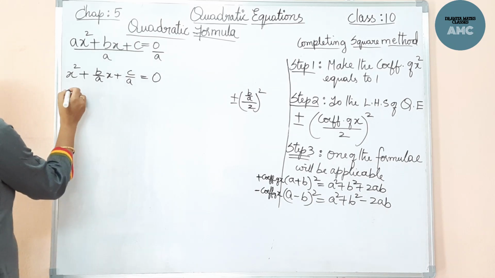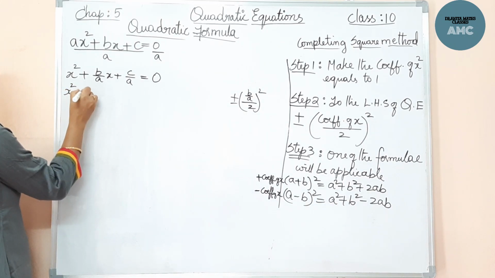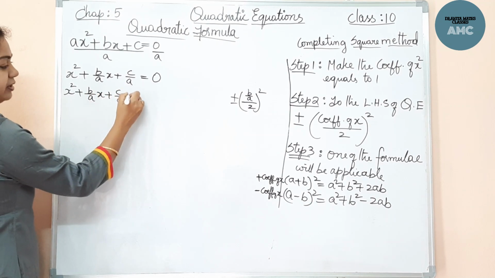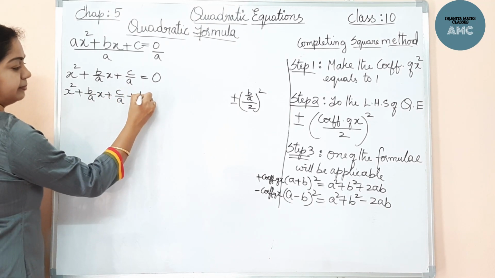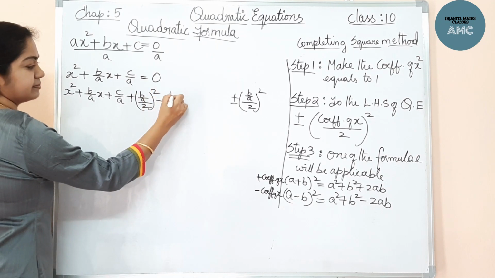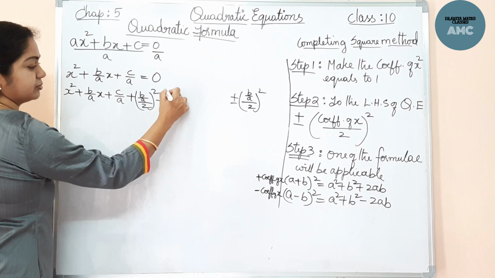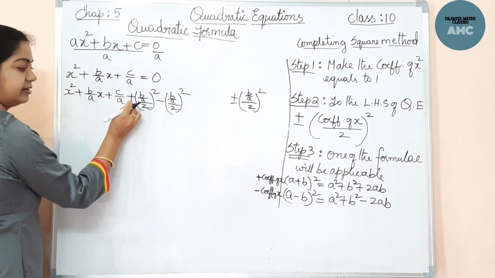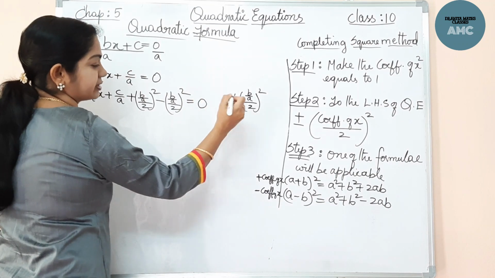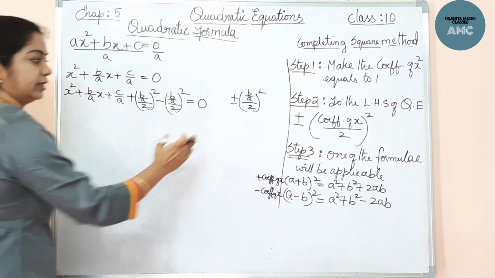That means to the LHS only, b by a x plus c by a, we have to add b by a by 2 whole square minus b by a by 2 whole square. I have added and subtracted the coefficient of x by 2 whole square on the LHS.